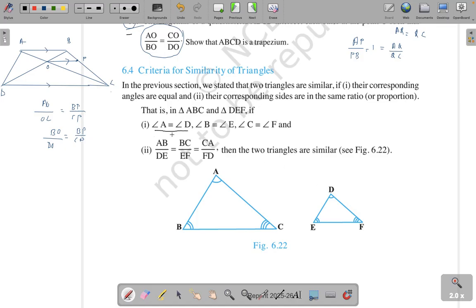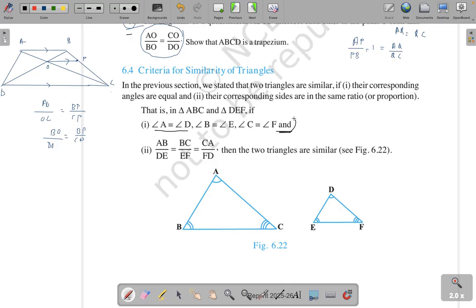So if angle A equals angle D, B equals E, C equals F, and AB upon DE, BC upon EF and CA upon FD, so if the angles are equal and the sides are proportional, then the triangles are said to be similar.